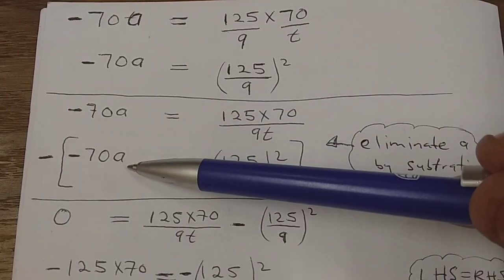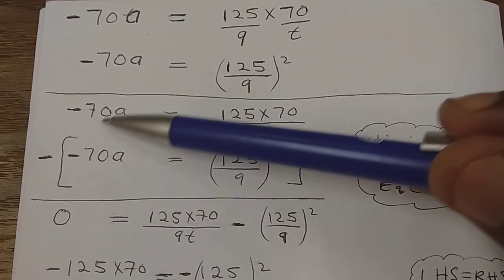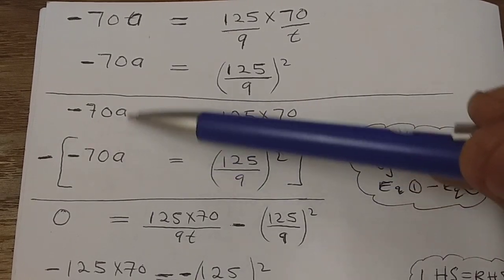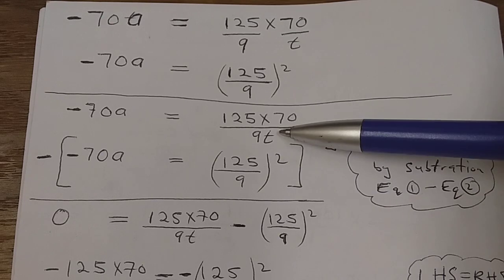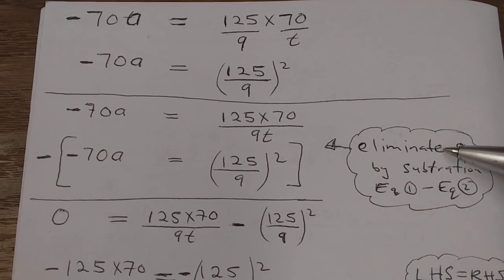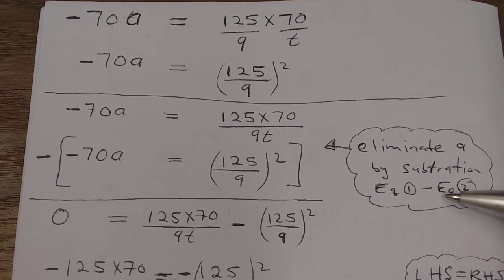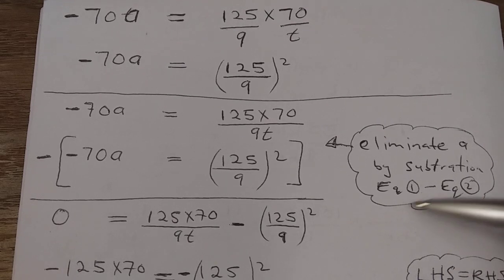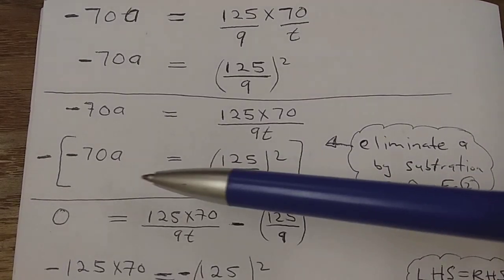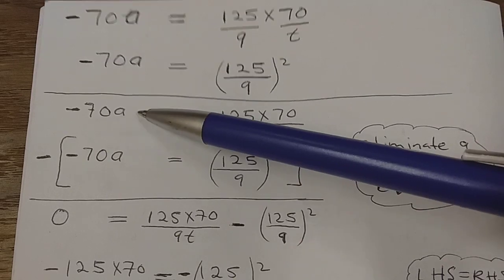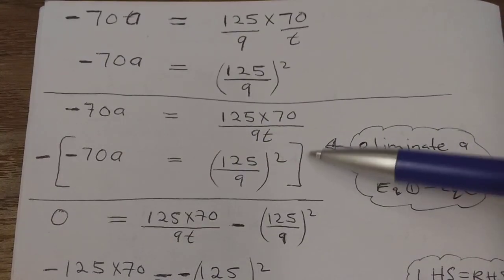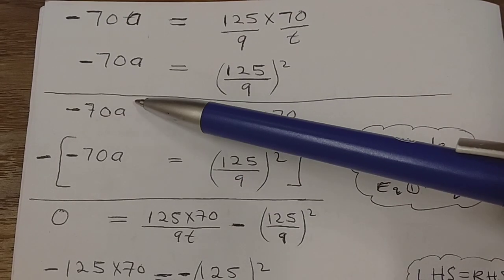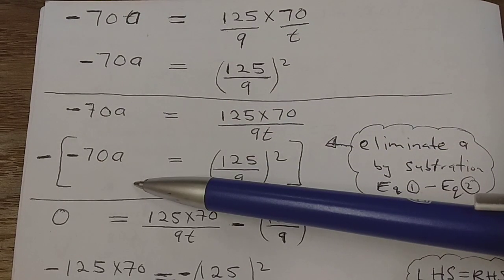So we want to eliminate these two terms. If we remove them, then we will only be left with t. Then we can solve for t. So we are going to eliminate by subtraction. Equation 1 minus equation 2. Okay, so let's subtract. Minus 70a minus, then you put a bracket for the whole equation. You are subtracting equation 1 minus equation 2.